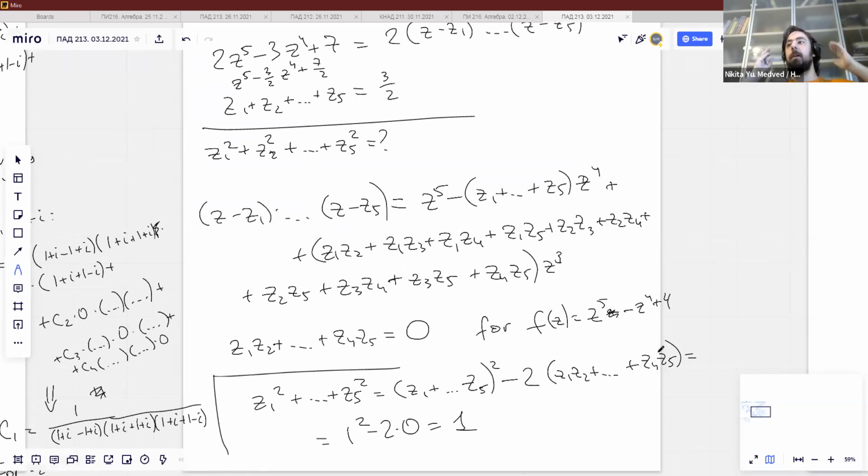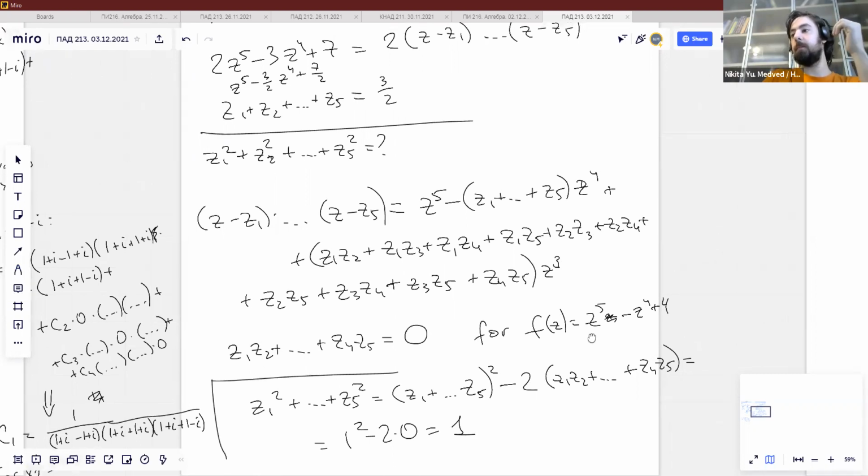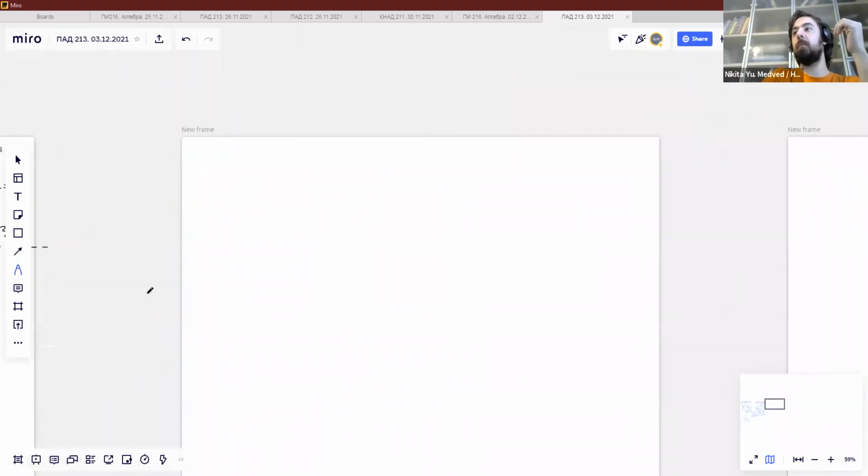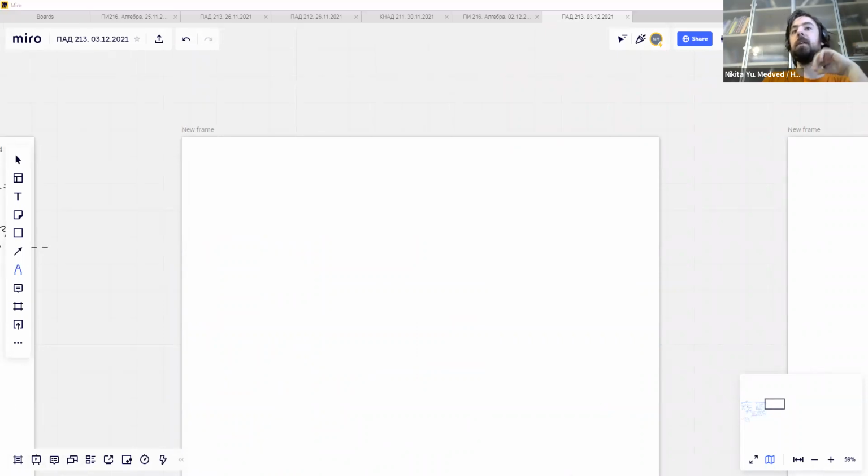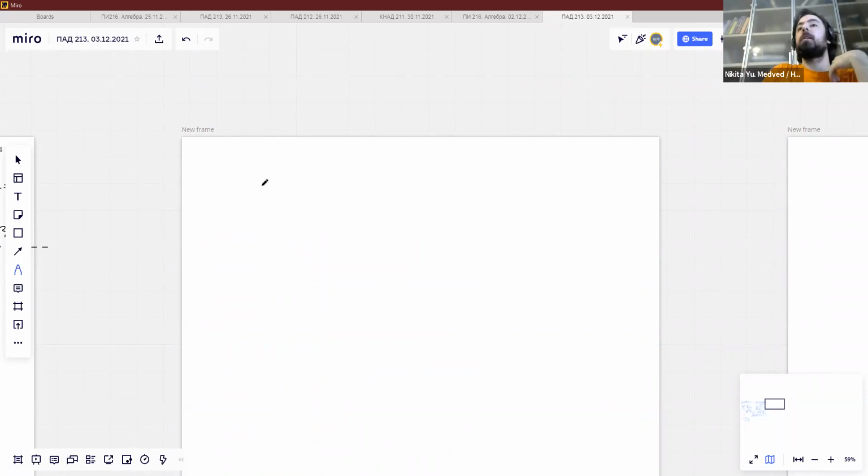Then let's finally go to the new topic. I'm sorry that we are slightly behind the lectures still. As I already said, we're going to be able to catch up at some point. So vector spaces.